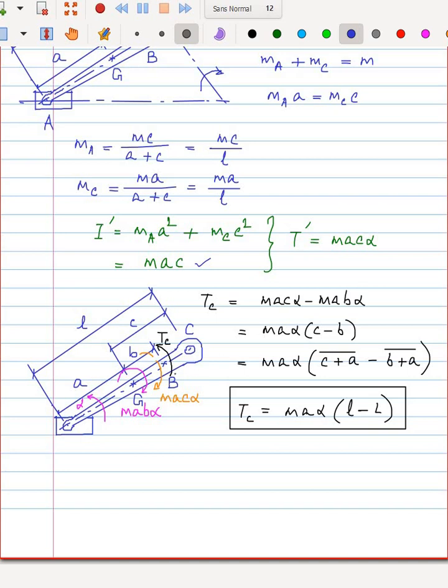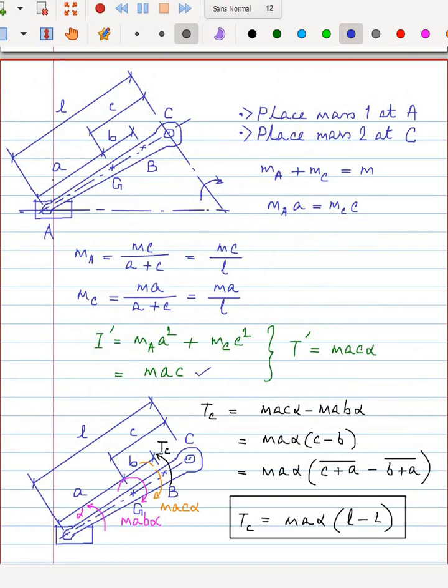So this cancels, these two cancel out and this remains in this direction. TC is in the direction of alpha and is MAC alpha minus MAB alpha. So if you add it with this, then MAC alpha and this MAC alpha cancel out and MAB alpha remains. So this is the correction torque.